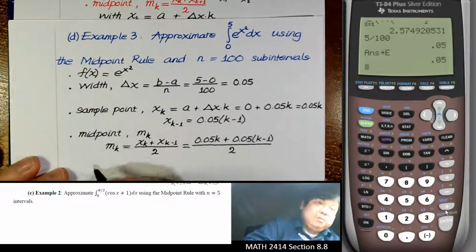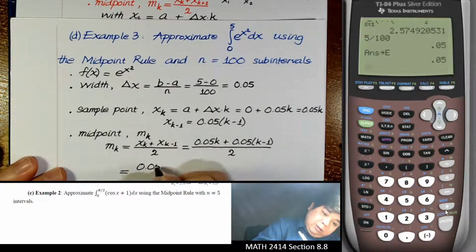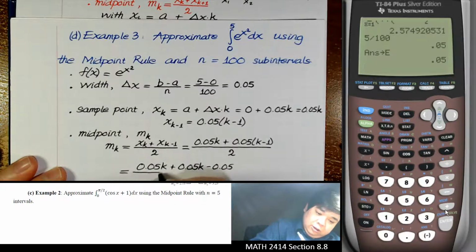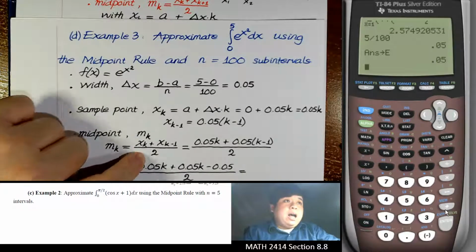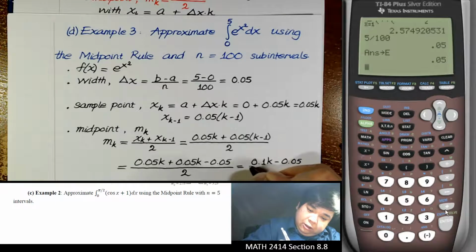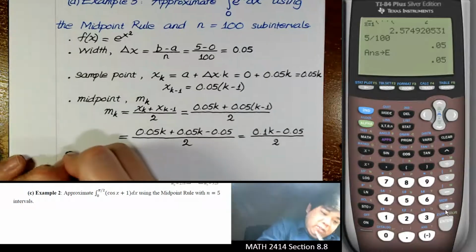I will do that. That gives us 0.1k. Right. That gives us the midpoint, and finally the summation.